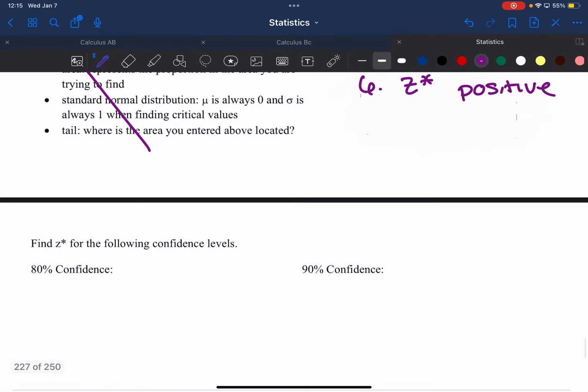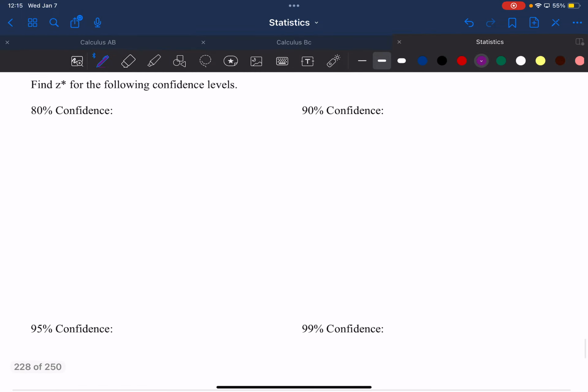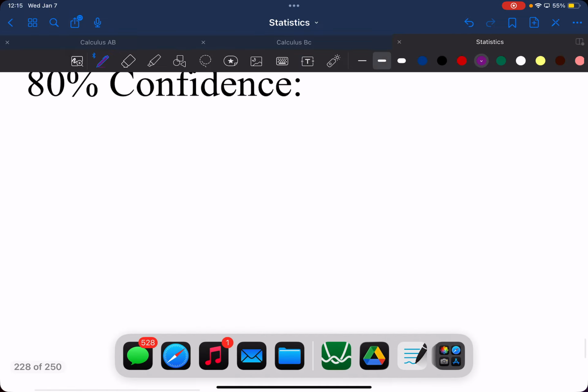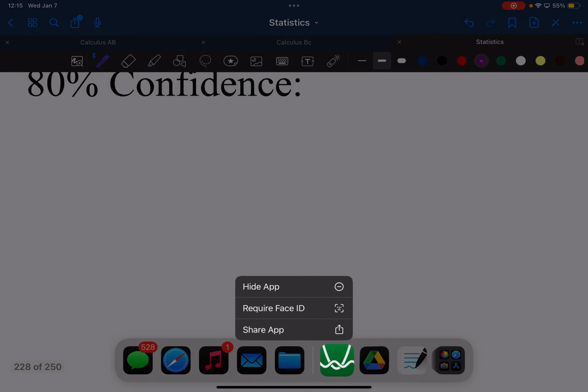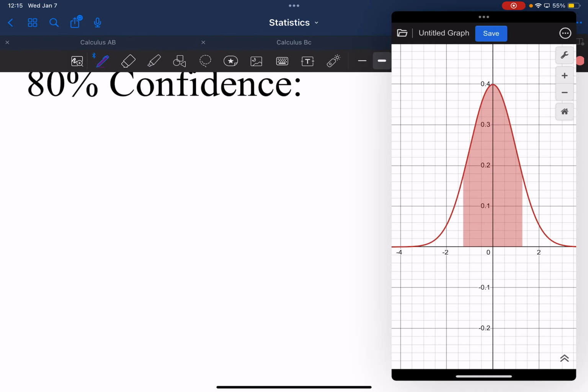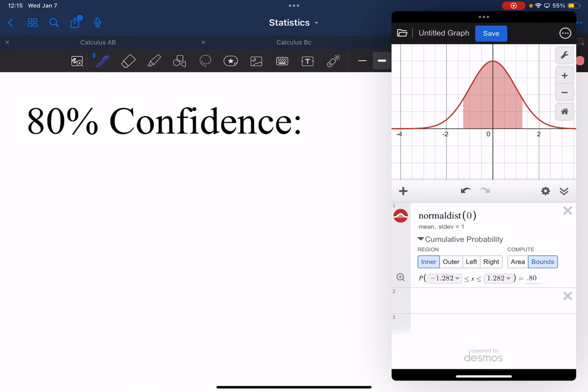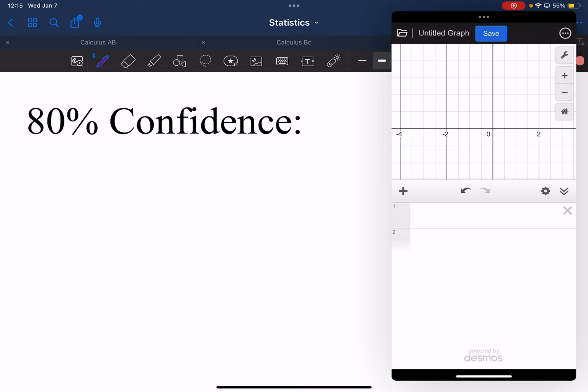Okay, so let's go ahead and look at the 80% one first. So I'm going to pull up Desmos. Okay, so on Desmos, the first thing you're going to do is add an inference. So that's that plus sign.